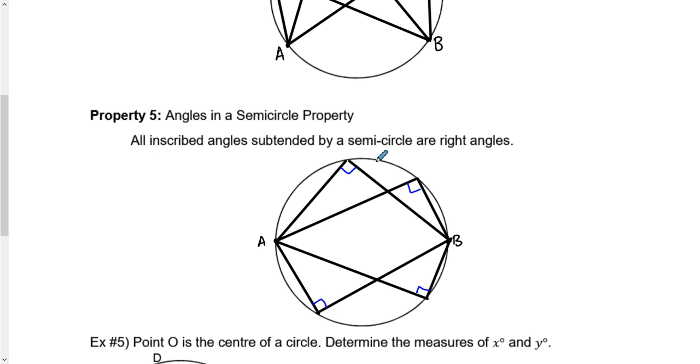If we had another 2 points, and we inscribed them with point B and point A, then we'd have a 90-degree angle. So what I mean by that, let's get a circle in here.